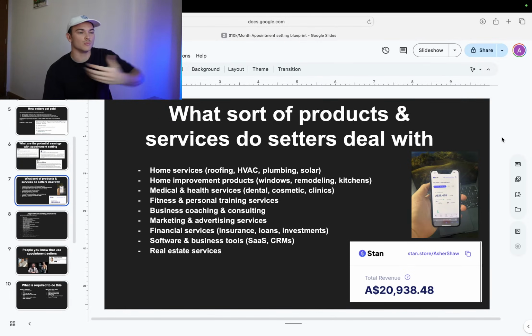They can be talking to multiple different companies at a different time. The business owners aren't dedicated to it, or they don't have enough time to go to each different business. So that's why they hire the appointment setter. Financial services, insurance, loans, investments, software and business tools, and then real estate services as well. Now there's a lot more of them, but these are the main ones.